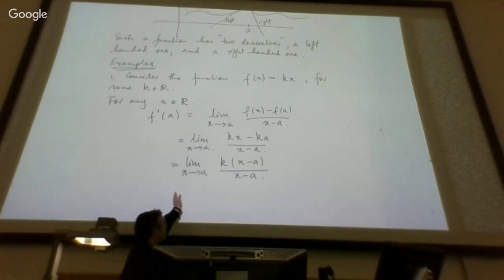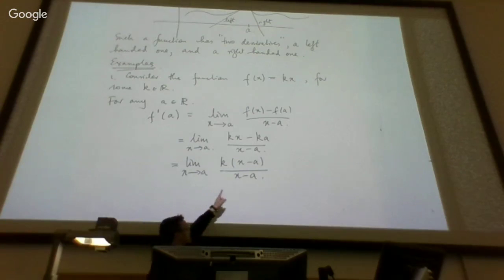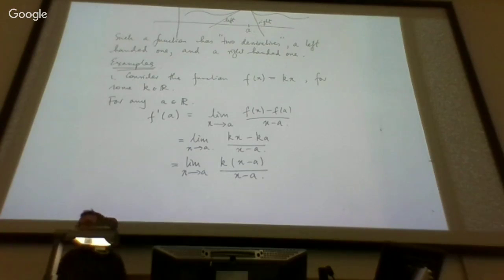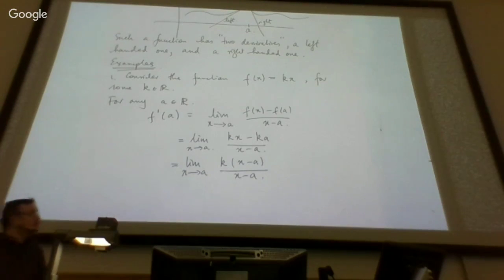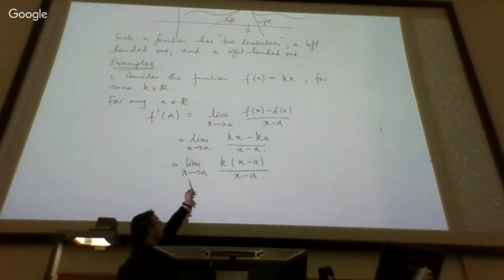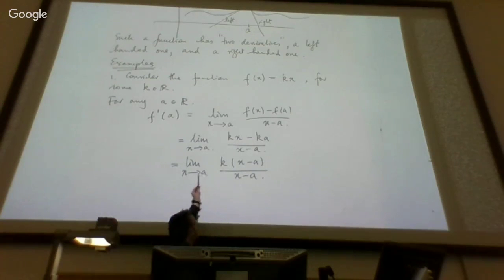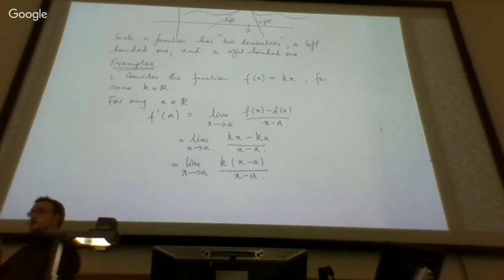Now, at every point except at a, this quantity is equal to k, because you can just cancel the x minus a from the top and bottom. Remember, the limiting value process doesn't refer to the value of this quantity actually at x equals a. It's just referring to its limiting behavior as x gets closer and closer to a.